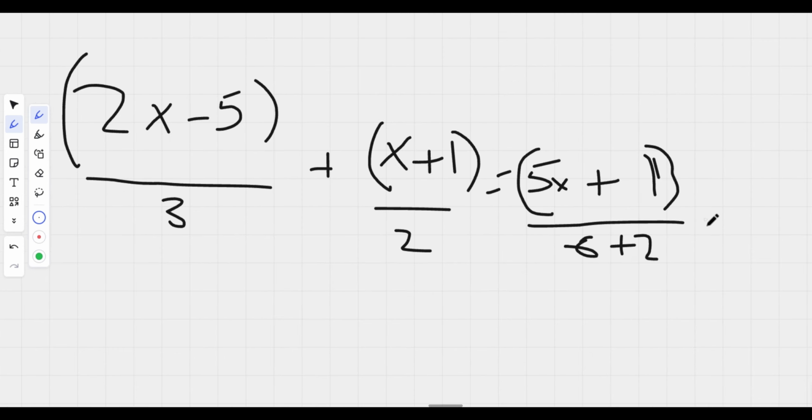Let's evaluate this equation here. I'd like you to take a moment and try to solve this yourself. Okay, so we have 2x minus 5 divided by 3 plus x plus 1 divided by 2 is equal to 5x plus 1 divided by 6 plus 2.